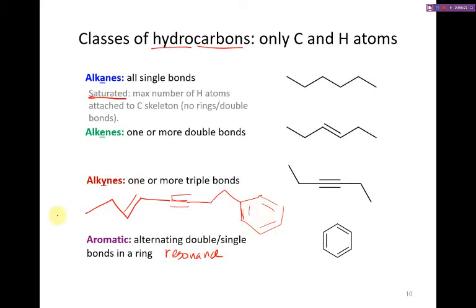So this molecule has regions that are alkanes, alkenes, it has an alkyne in it, and it has an aromatic structure. So they're not mutually exclusive, and we mostly just want you to understand the terminology and know how to recognize them.